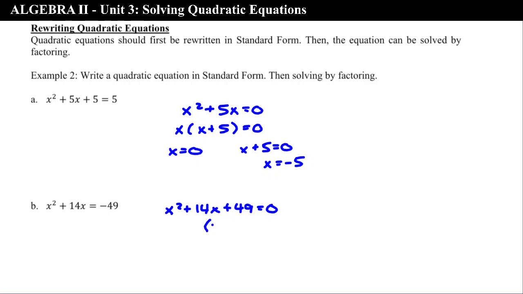So we can do x plus 7 squared equals 0. And we use the plus here because the second term is positive. Square root of both sides, you get x plus 7 equals 0. So in this case, we have only one solution. And again, every perfect square trinomial will result in one solution. So that's what we would expect here.